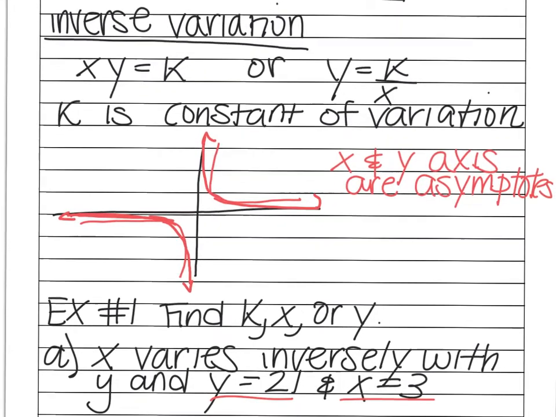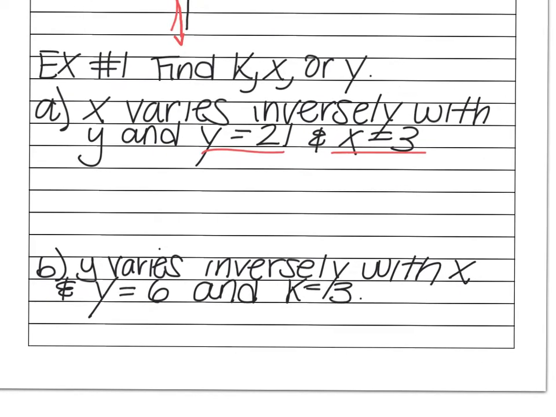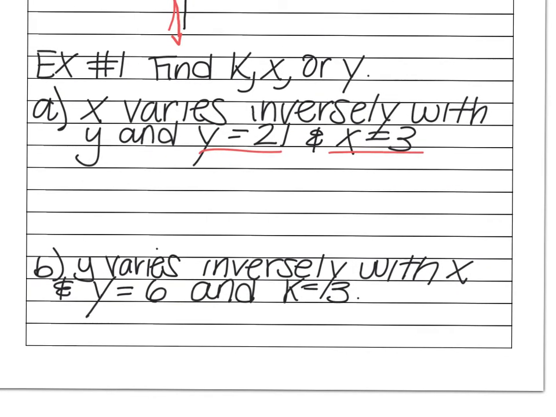So what you want to know is you have a few examples, and it just asks you to find x, k, or y. It depends on what the question is. For this one, it says x varies inversely with y. So it's telling you it's an inverse equation. And it says that y is 21 and x is 3. So obviously you are looking for the k. So you must plug it into your formula. If you remember, your formula that is written at the top here is y equals k over x, or x times y equals k.